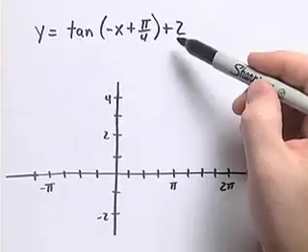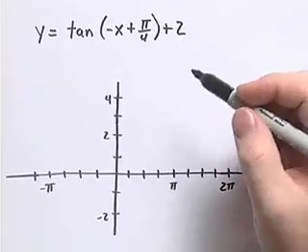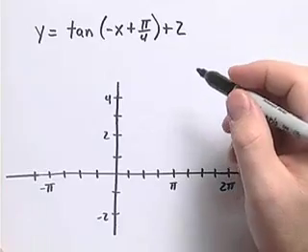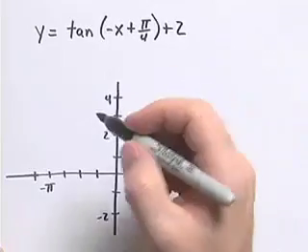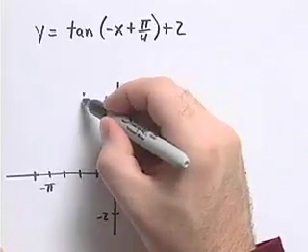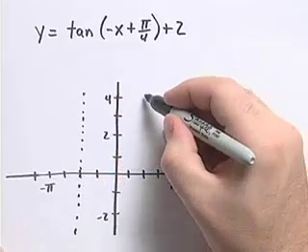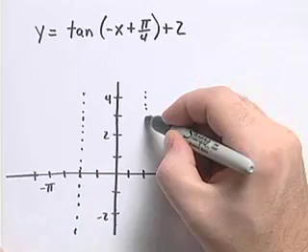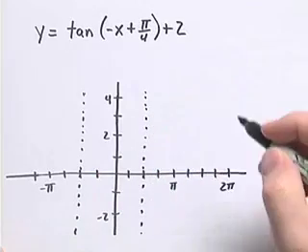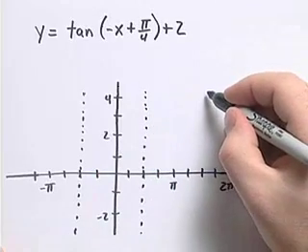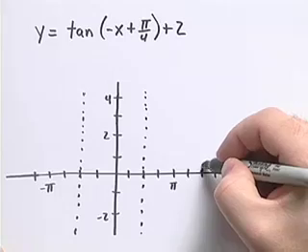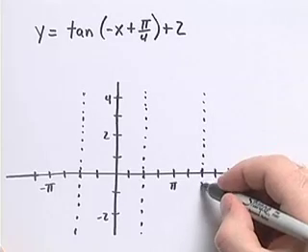So here we have our given function. We're going to start off by graphing our base function, the tangent of x. We'll put in our asymptotes first. So negative pi over 2, pi over 2, and 3 pi over 2.